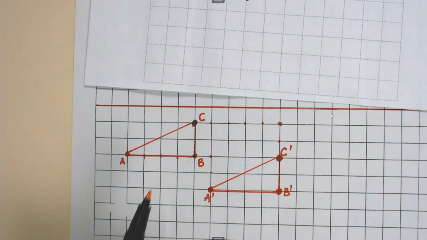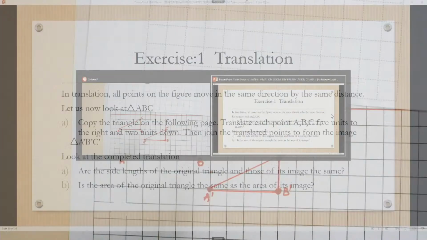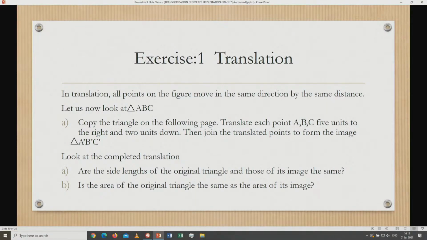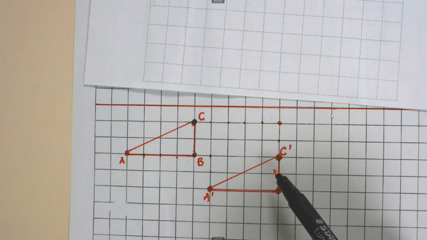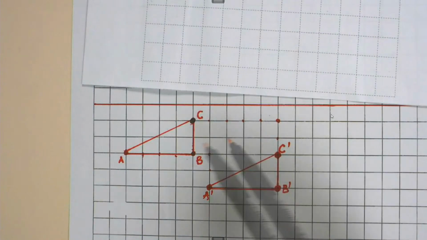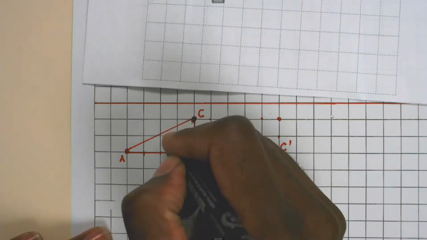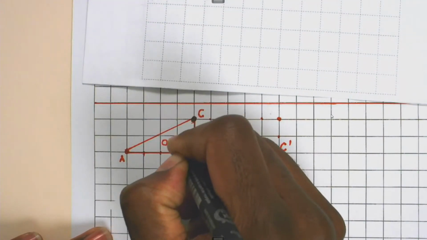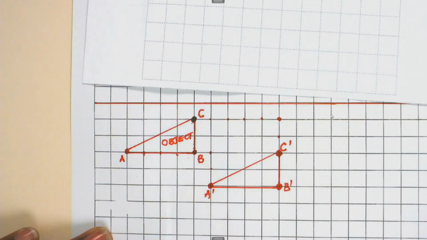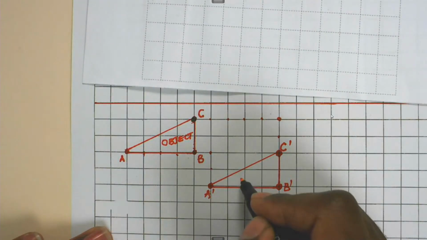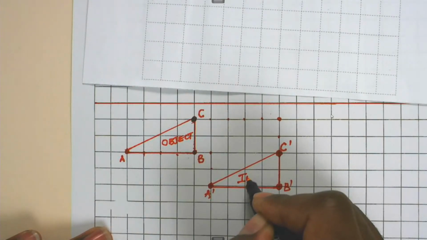Therefore, I have translated this shape. Let me check the instruction there. Look at the completed translation. Can you see there, guys, there is a difference? Remember, this one is an object. This is the original shape that was given to us. This one is an image.